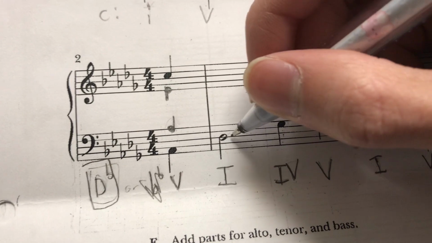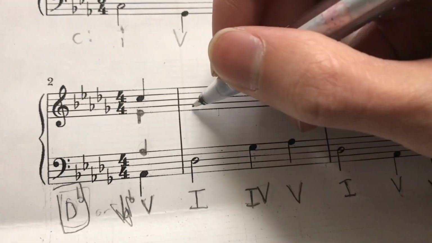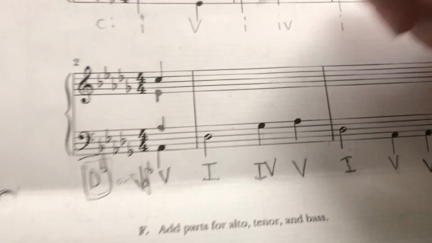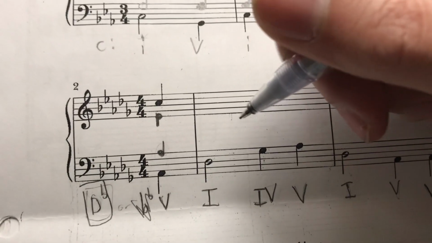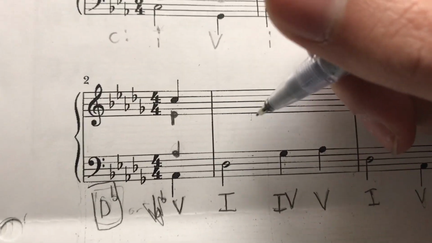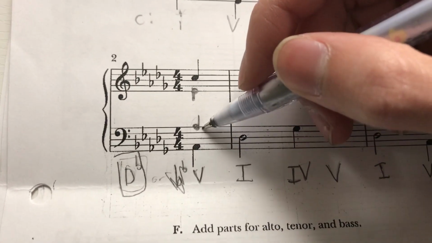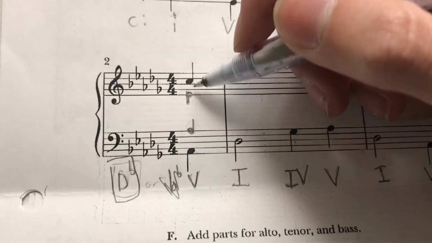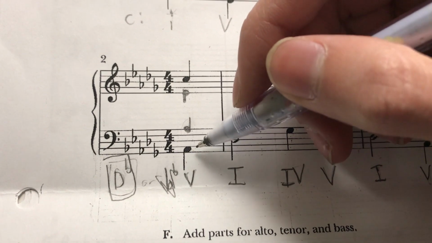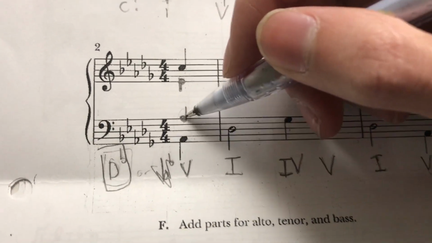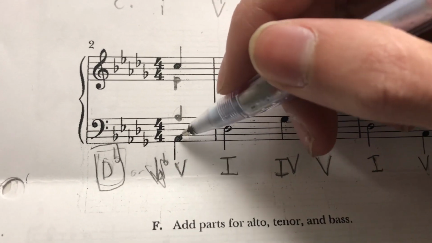So first things first, this might look daunting because there's nothing here. But honestly, I just write notes. You need a D, F, and A, right? So I'm going to look at which of these are already here. This is A, and that's an A because that's the octave.